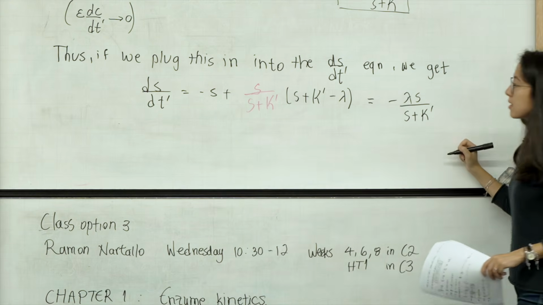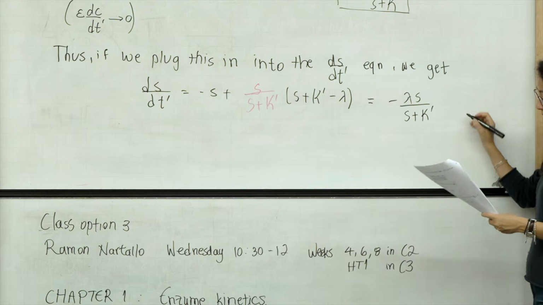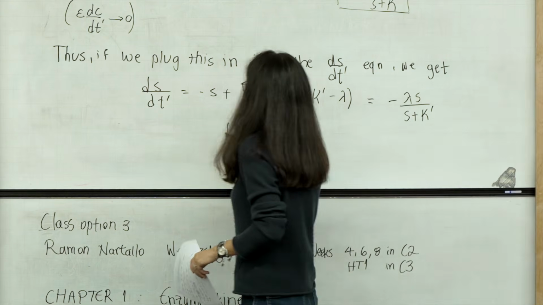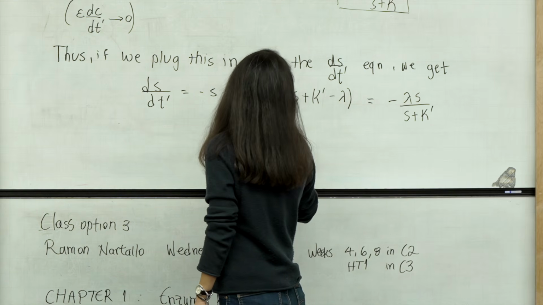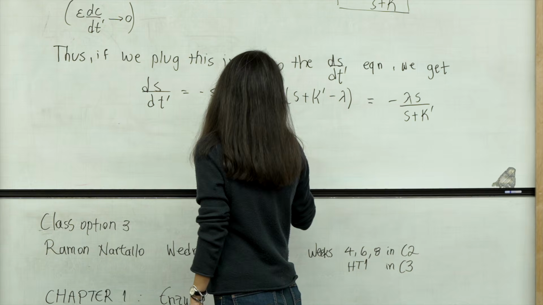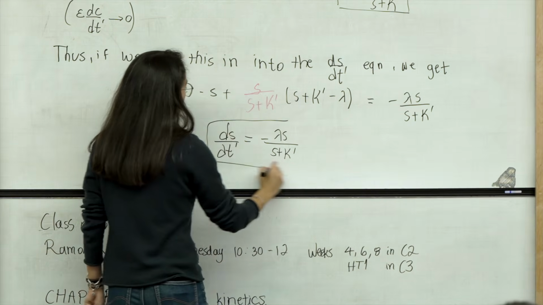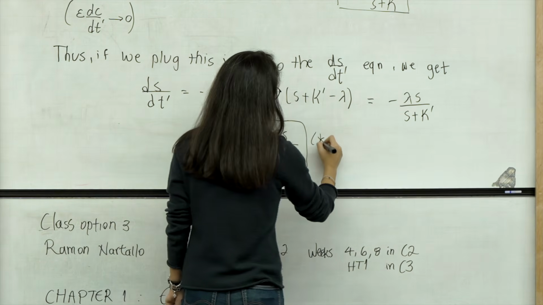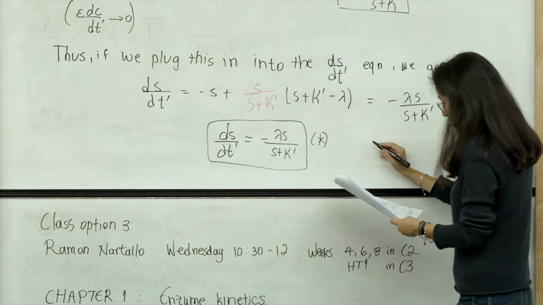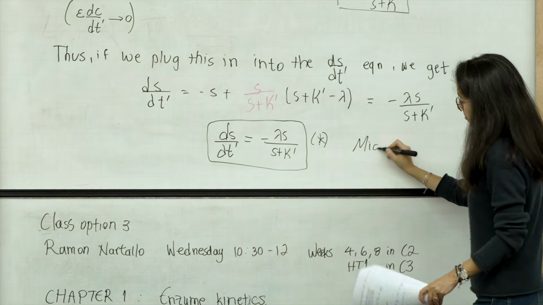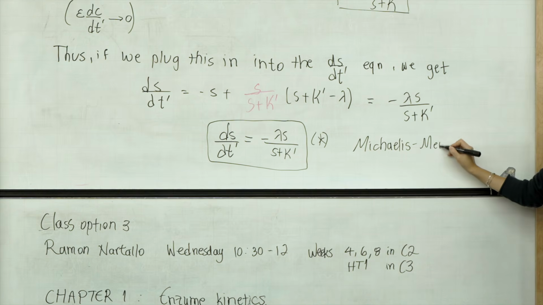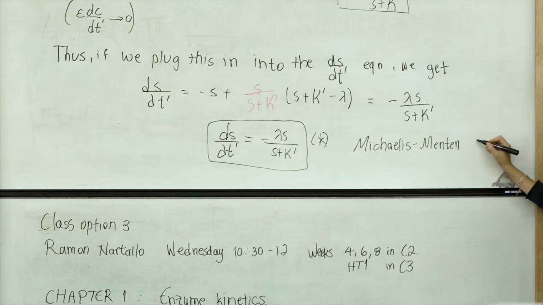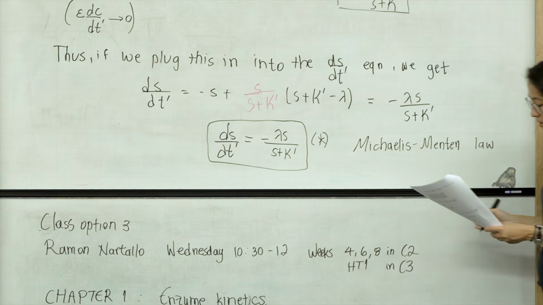OK, so I will denote again this equation by something so that we can refer to it. So this thing has a name. I hope I'm not butchering the pronunciation, but I think it's Michaelis Menten. And this is a law for enzyme kinetics.